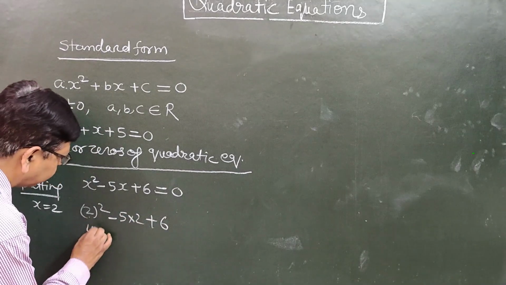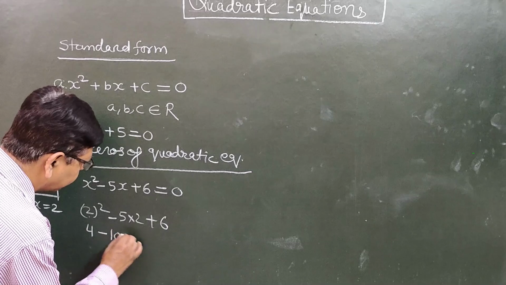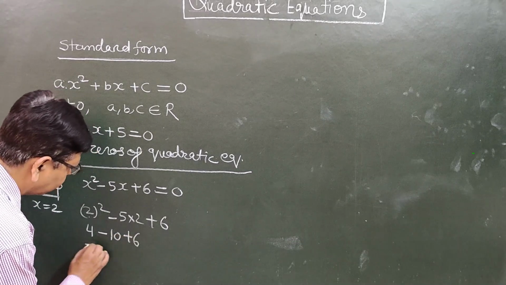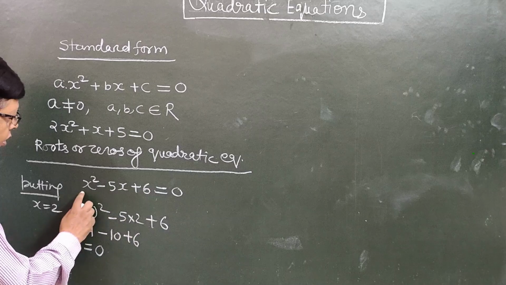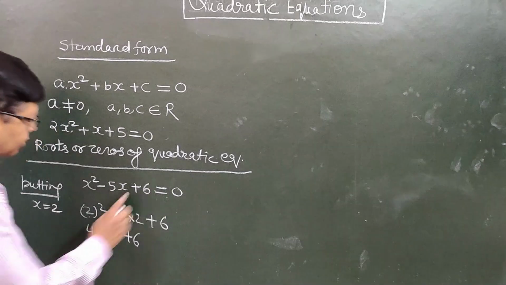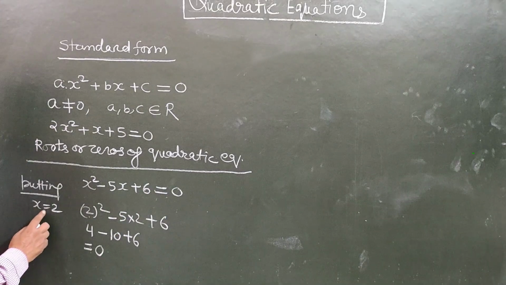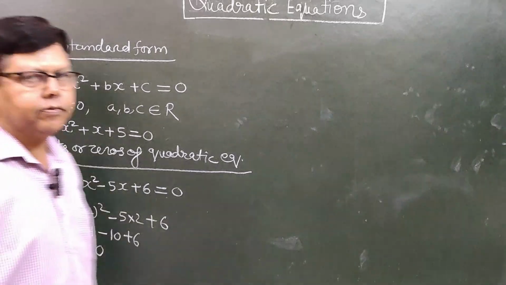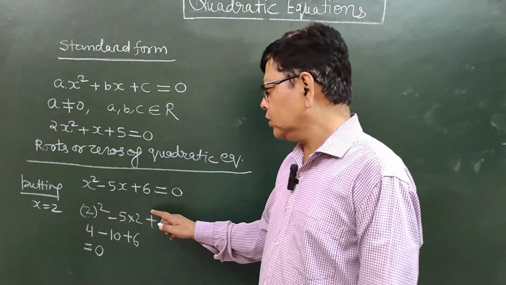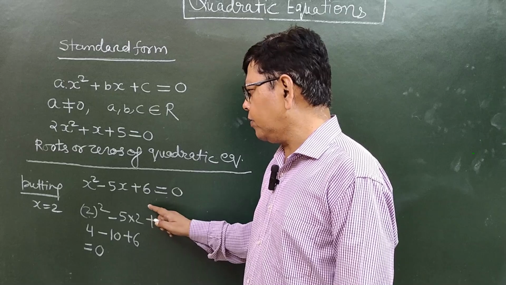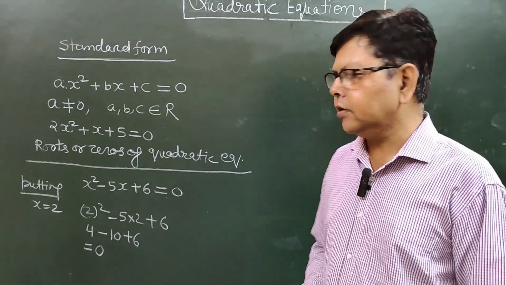That is 2 square is 4 minus 10 plus 6 which is equal to 0. So this value satisfies this equation. Therefore it is a root or zero of the quadratic equation. So this root I have got by hit and trial method.